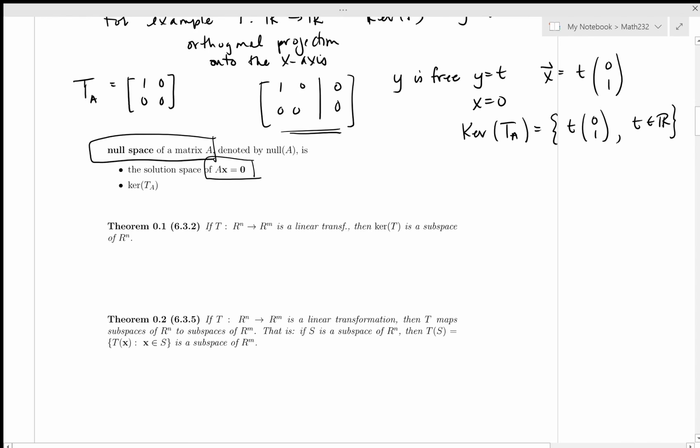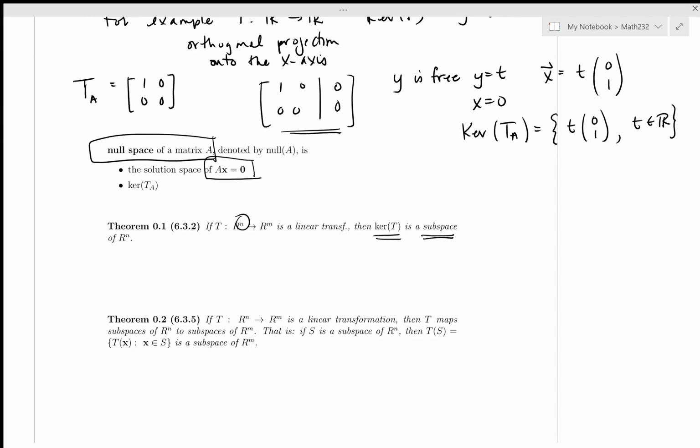Then we have further that if we have a linear transformation from Rn, then the kernel of that linear transformation is a subspace. It's not just a subset, it is a subspace.